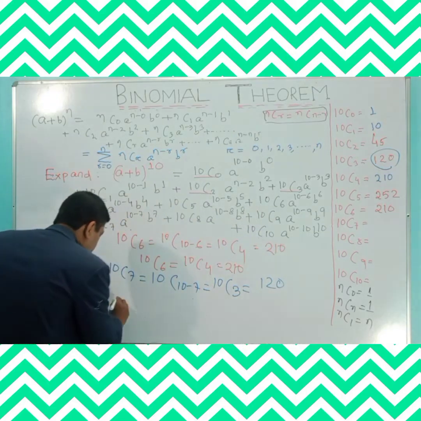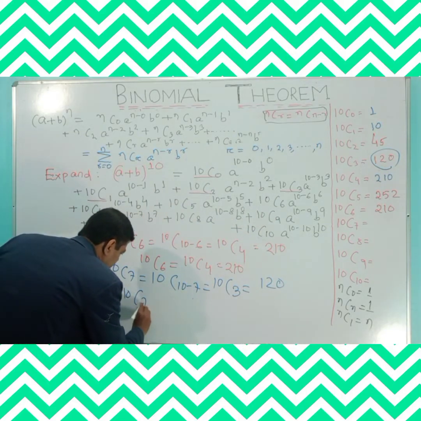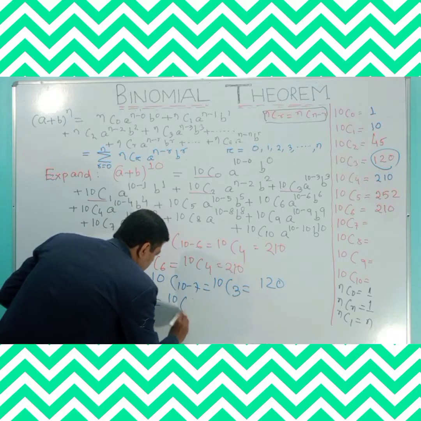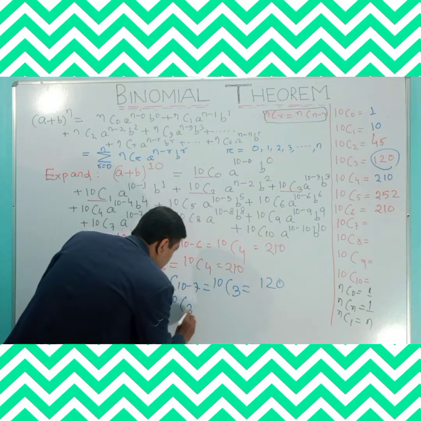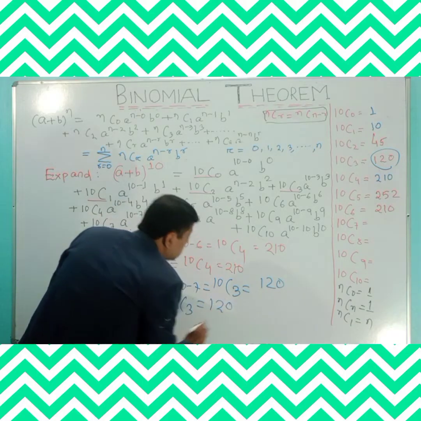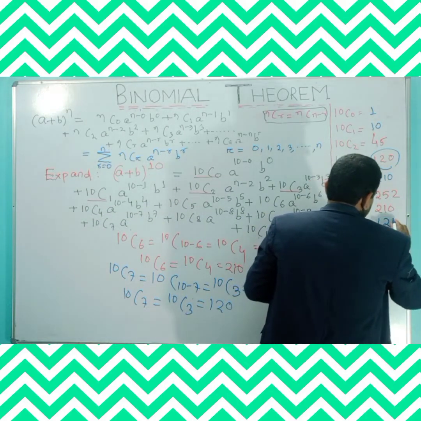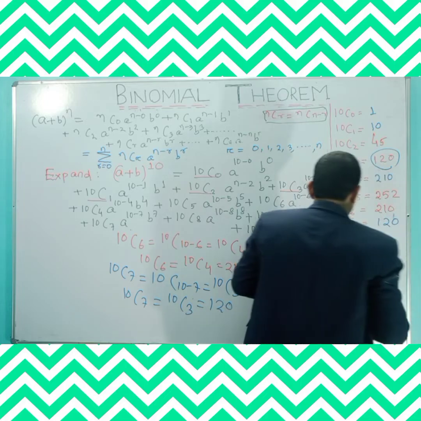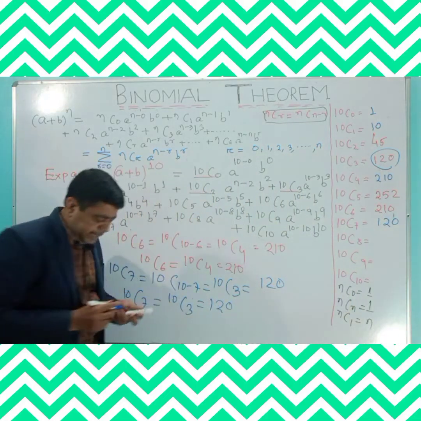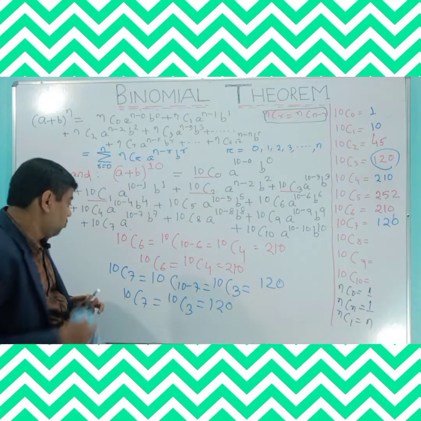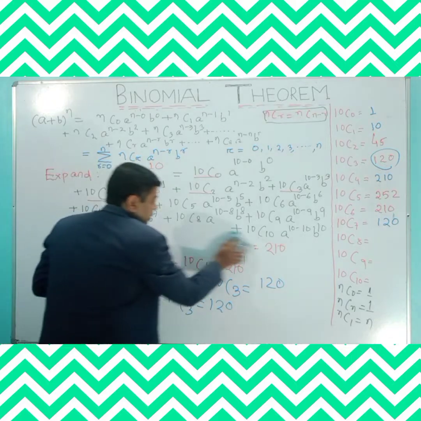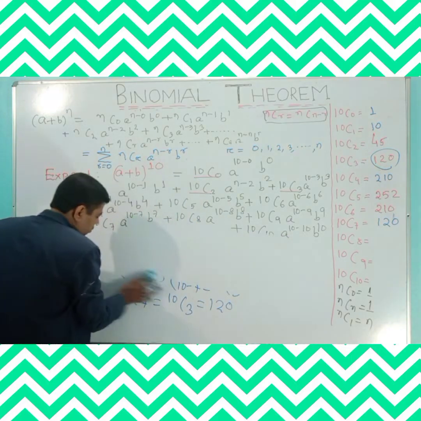So the value of 10C7 is the same as 10C3, which is 120. Understand? Note down. A very interesting concept we are discussing here. I hope you understand it.